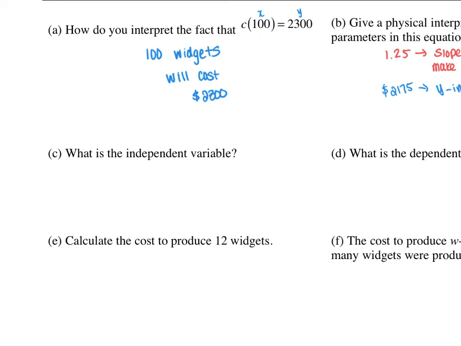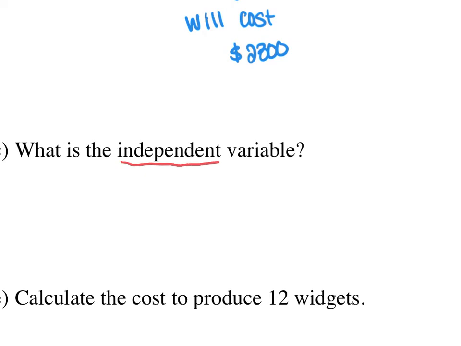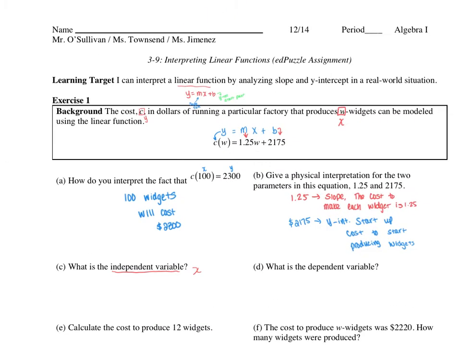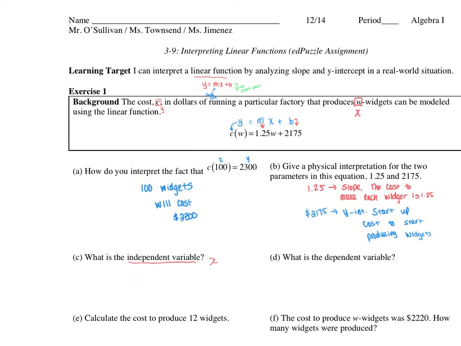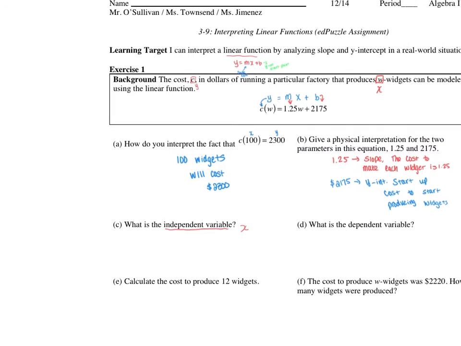The independent variable. Remember, your independent variable is always on your x-axis. And in this case, our x value, or our x-axis, would be where we produce the amount of widgets. So the independent variable in this case isn't time, it's widgets produced.